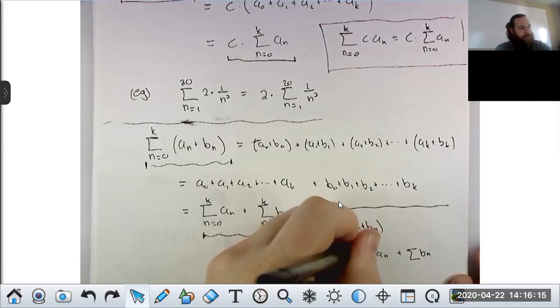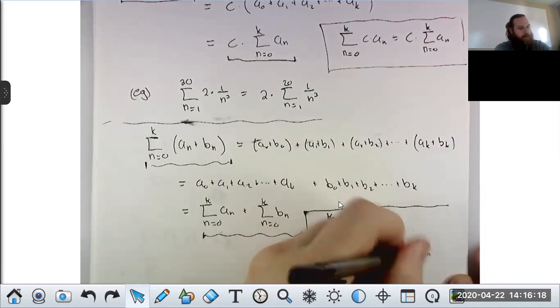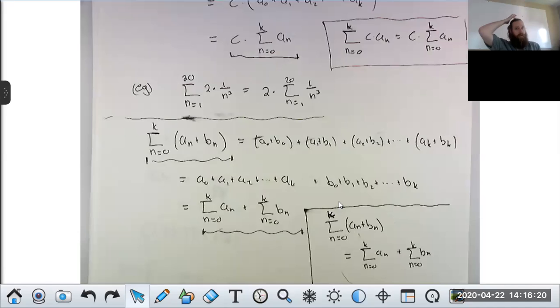So this would also have to run 0 to k. These two properties together make the summation operator sigma what's called a linear operator. Linear operators are your friend. In Calculus 1, the first linear operator you're going to meet is the differential operator. And then you'll construct the integral operator using sigma operators like these. And this fact that you can split them up over addition and pop out constants is very, very useful, like unbelievably useful.